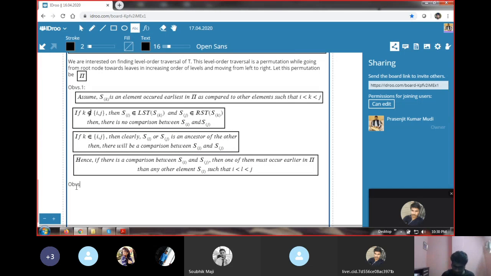Next we have observation 2, that is, from observation 1 we have come up to the conclusion that an element will be occurring earlier in pi if that element does not belong to this range in between i and j.